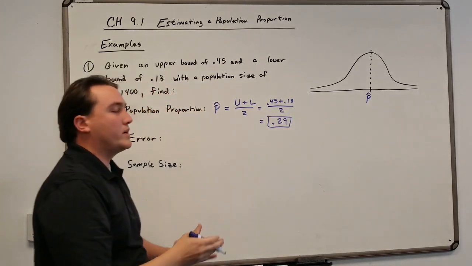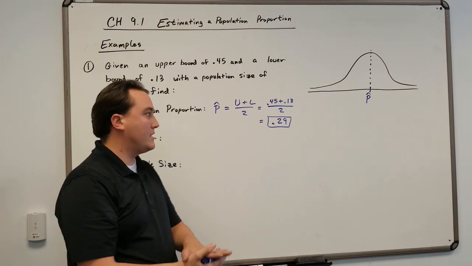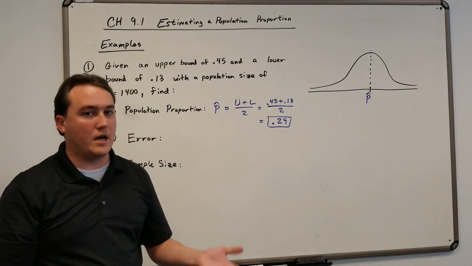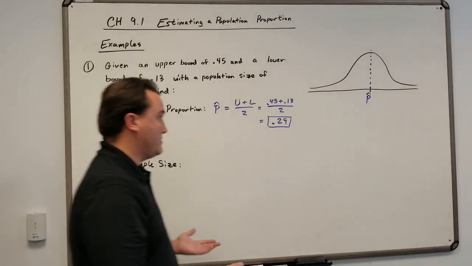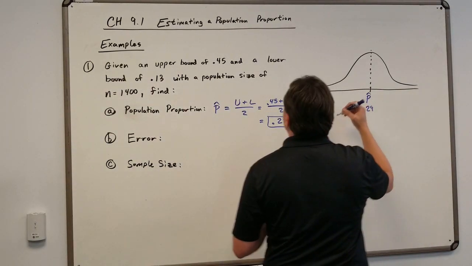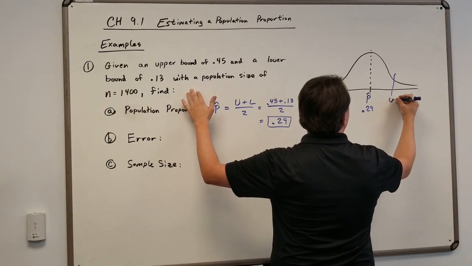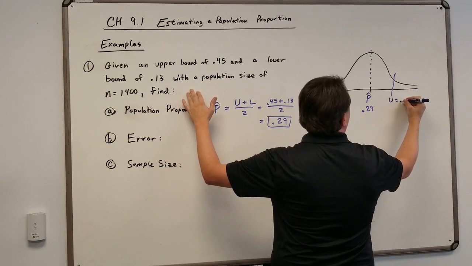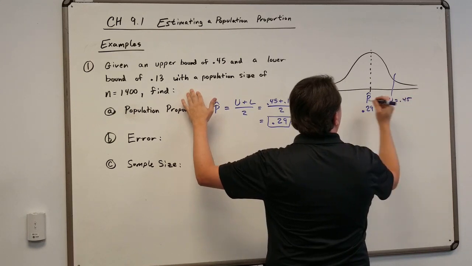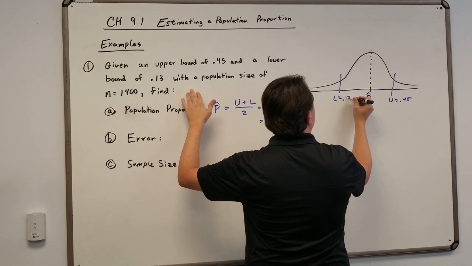So that is like, we can compare that to if a survey was yes or no. 29% of the people in this population would have said yes, okay? 0.29. And then we have our upper bound and lower bound. So our upper bound is 0.45. And our lower bound is 0.13.